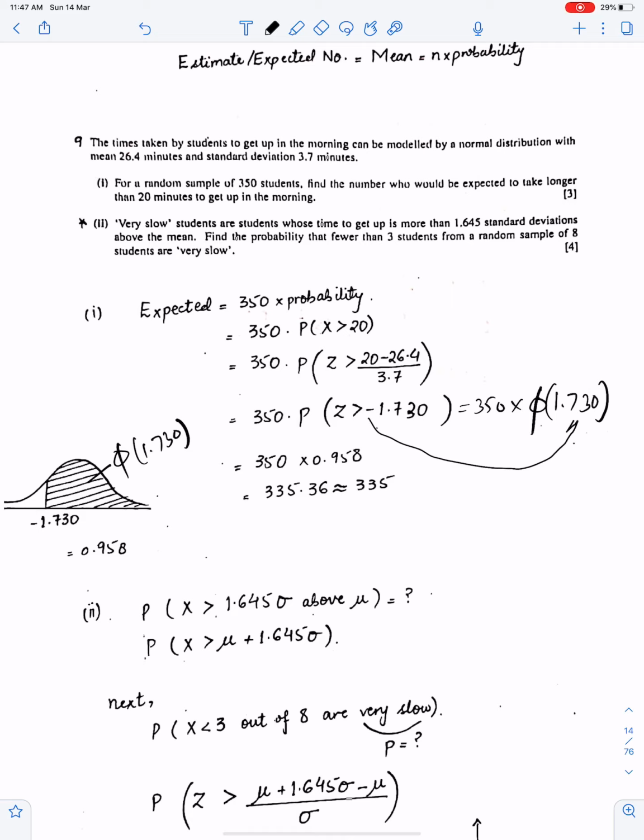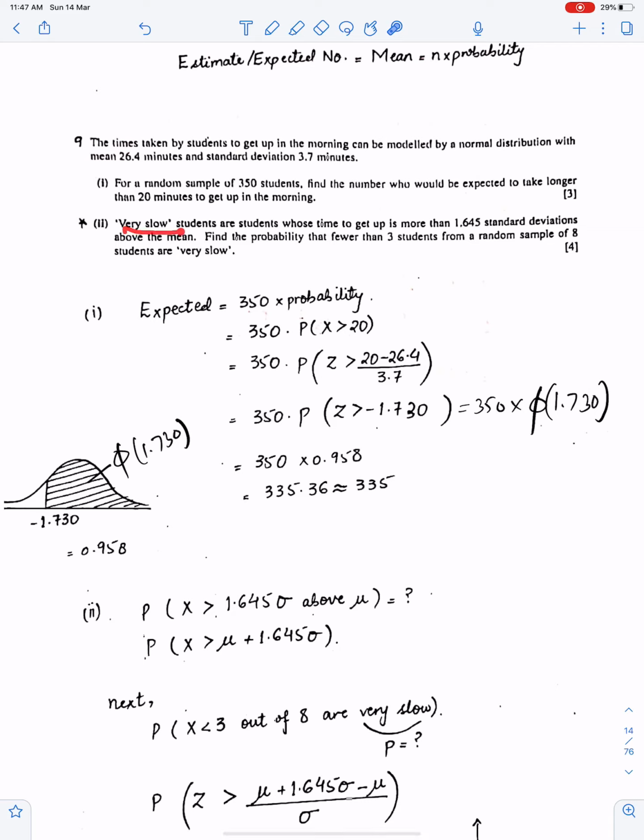I already explained that we never take the negative sign of the numerical value; we always take positive. That's the final answer. Always round this in the backward direction, because you have 335 children. You cannot convert this number into 336 children.